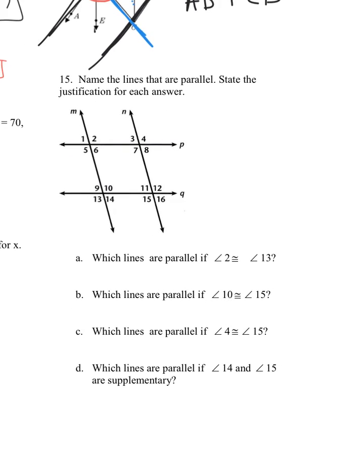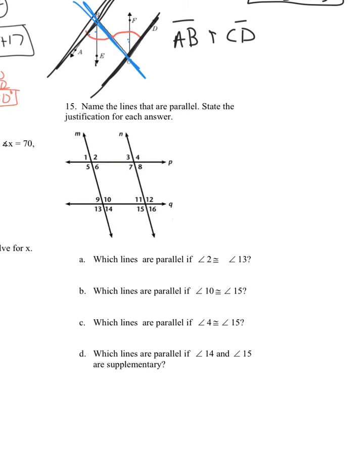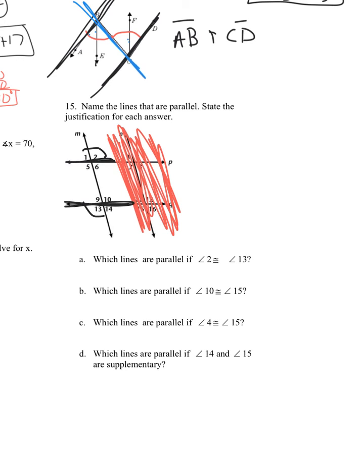Name two lines that are parallel, state the justification. So what you're looking for here is that one of those 5 relationships exist, and then what two lines would that be? So for instance, number 1 says 2 and 13. 2 is here, 13 is here. In essence, for a second, we're ignoring this whole part of the picture, right? Because you're only looking at those two intersections for 2 and 13. That means this line and this line are the parallel, that's the transversal.